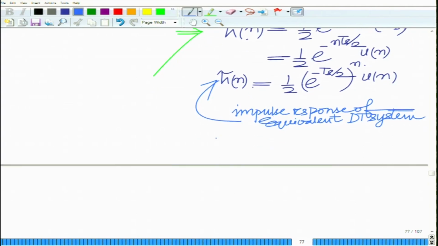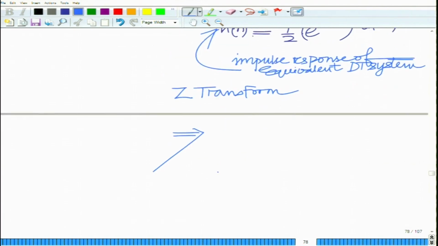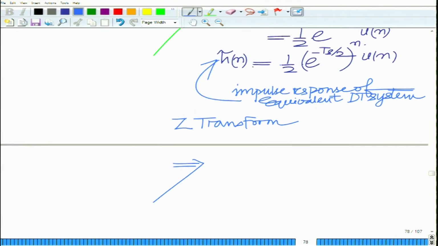Now, taking the z transform yields H tilde(z), the transfer function. h tilde[n] is half a raised to the n u[n], where a is e raised to minus Ts by 2.